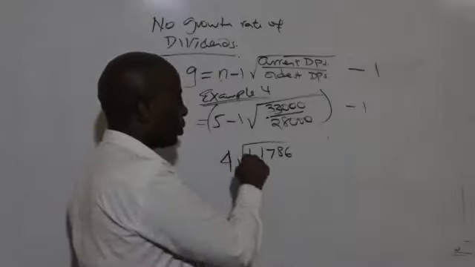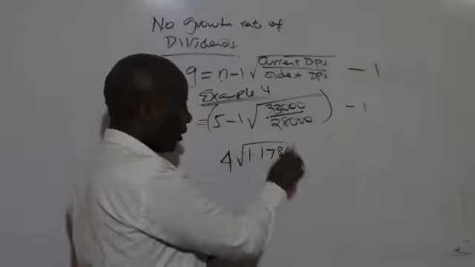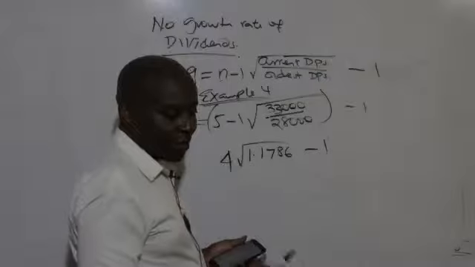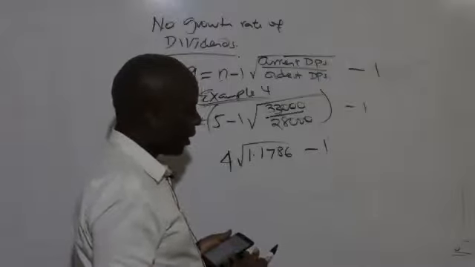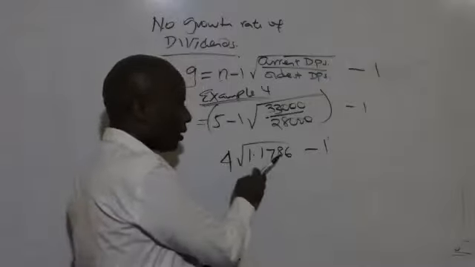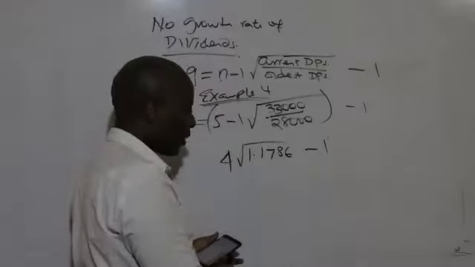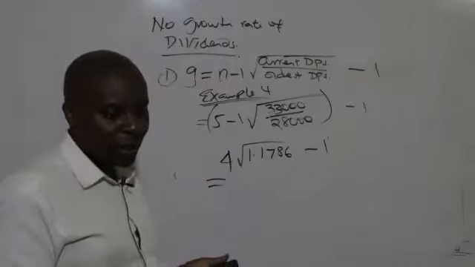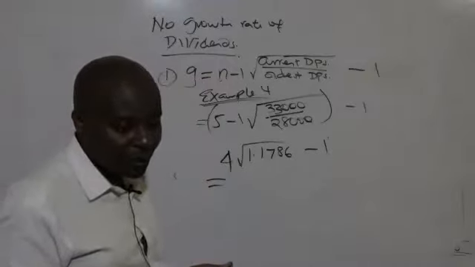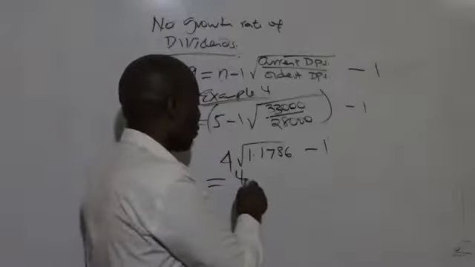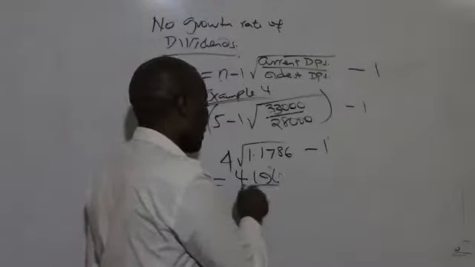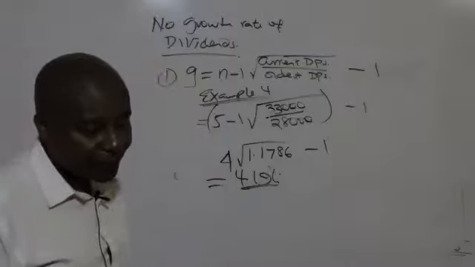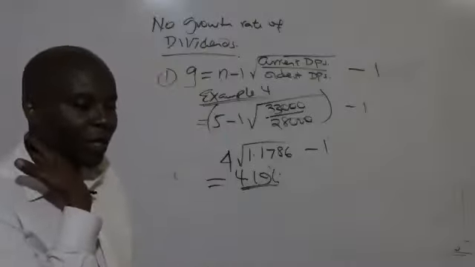And then on the fourth root of this figure, whatever I will get there, I'll come and subtract 1. So could you kindly give me the final answer here? 4.19%. I can see 4.19%.